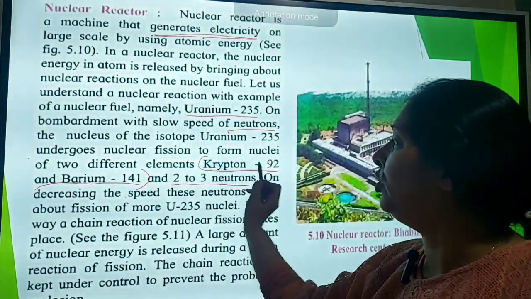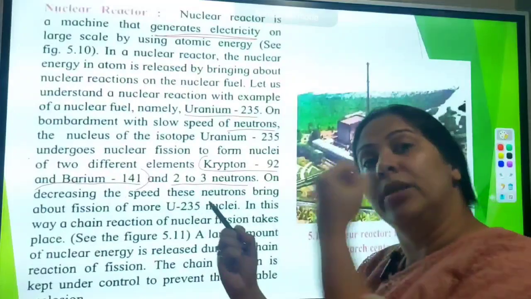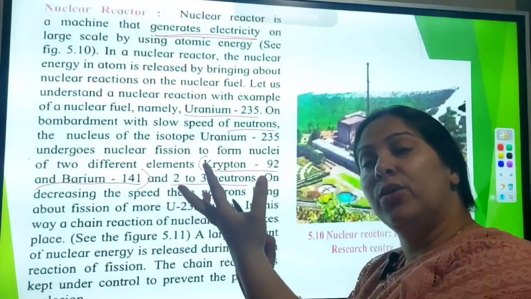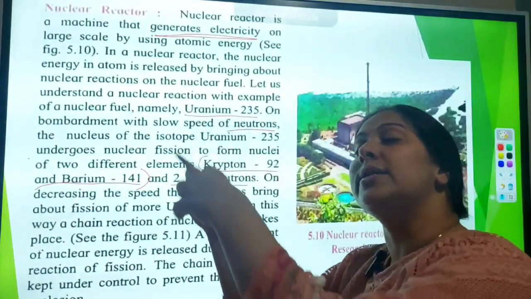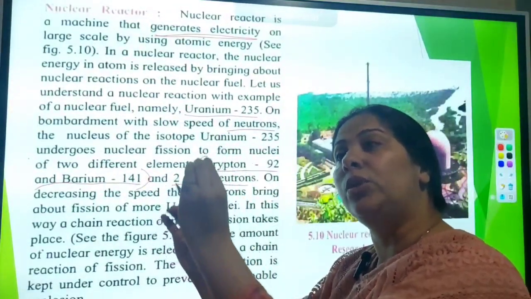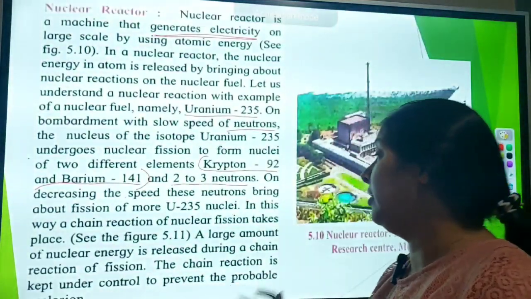अब ये जो 2 to 3 न्यूट्रॉन्स बच गए, वो फिर से दूसरे यूरेनियम 235 को अटैक करते हैं, वो टूटता है, और ऐसे ये 2-3 न्यूट्रॉन्स अगले एटम्स को तोड़ते जाते हैं.